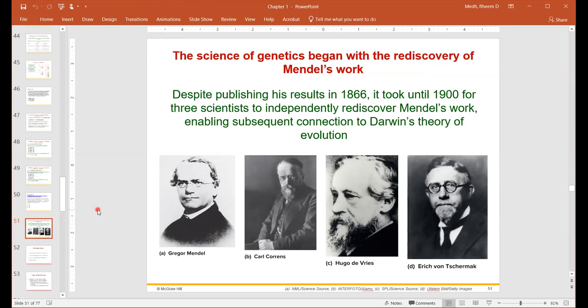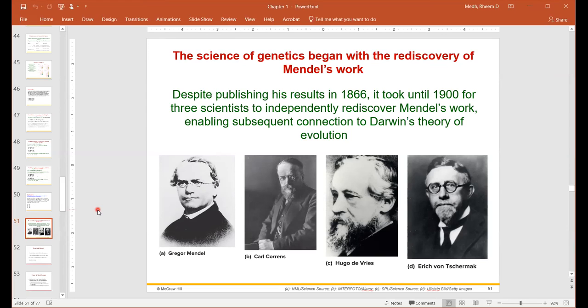So this is just a little historic slide that tells you that when Mendel did his work and published it in 1866, very few people actually believed him. And he did so much methodical research, but research always has to be repeated and reproducible. So scientists did his work again to independently check whether his crosses and his ratios were what they also got.